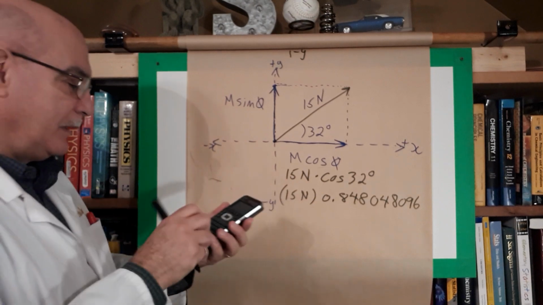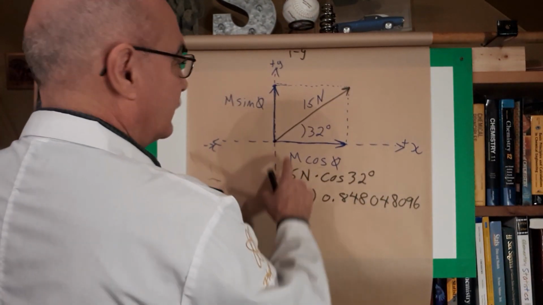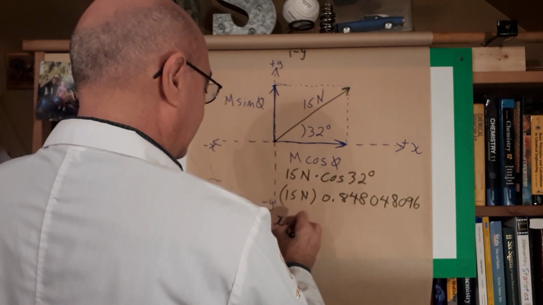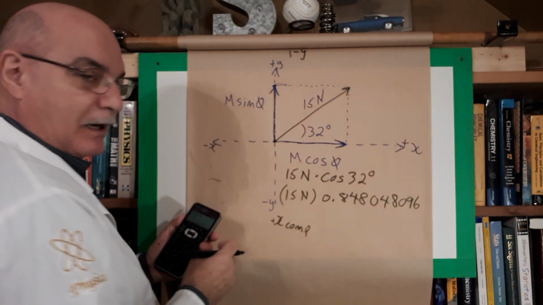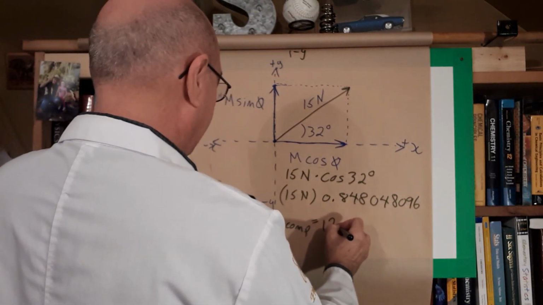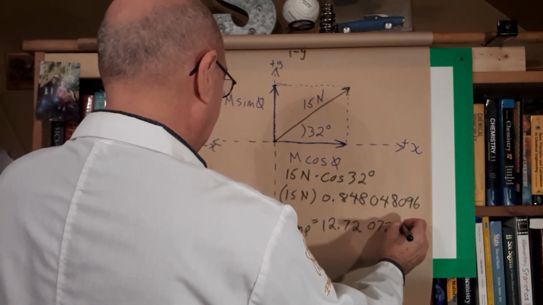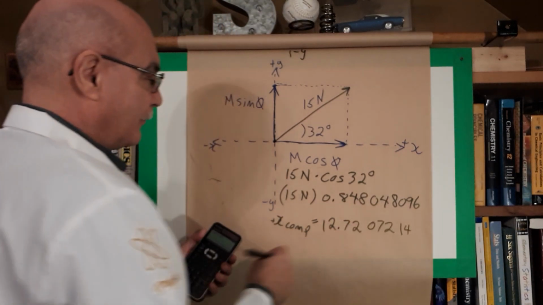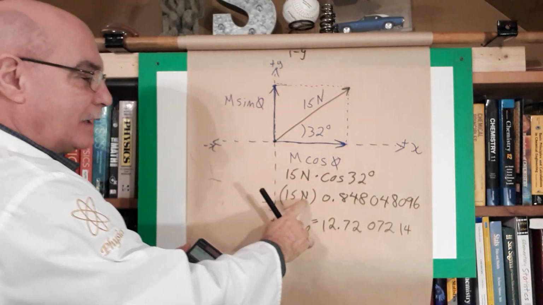It's multiplied by 15. That's equal to, so the x component, the positive x component, because it's going in the positive x direction, is equal to 12.7207214, and the only unit that's left over is the newton.